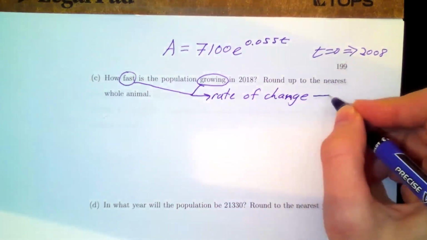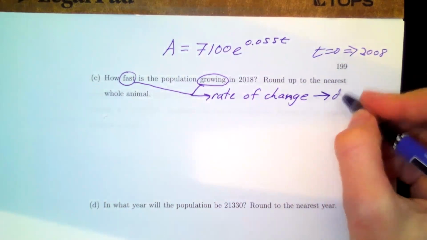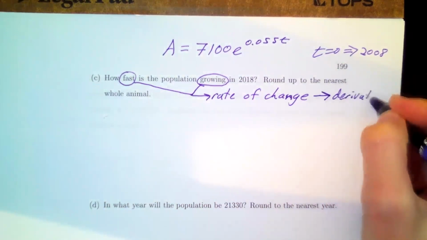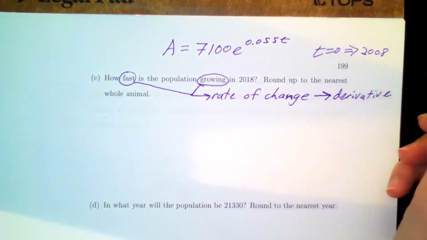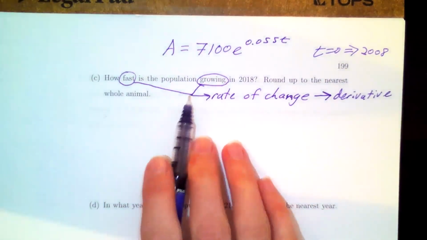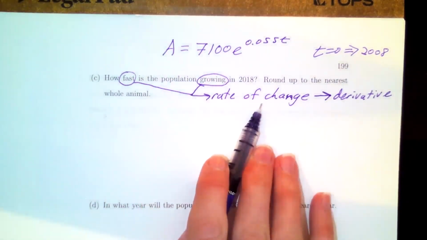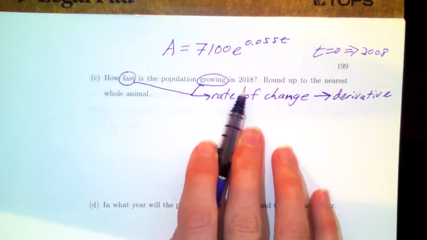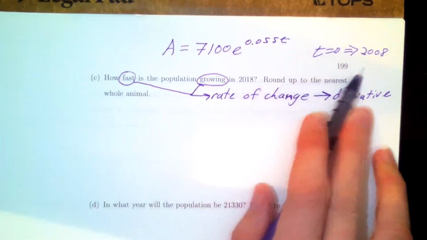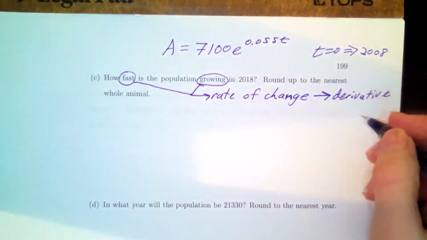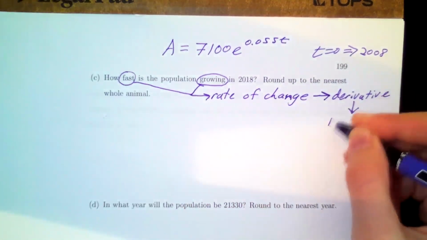A rate of change we should associate with the derivative function. So it's asking about the derivative, and it's asking about that derivative rate of change at a specific time, 2018. And from part B, remember, we'd said 2018 was 10 years later, which corresponds to t equal 10.